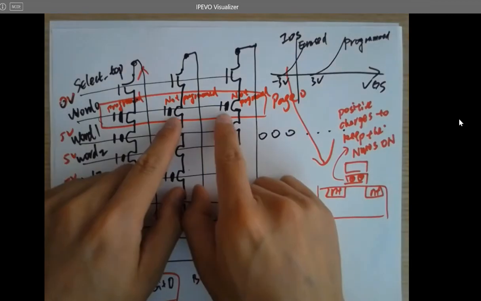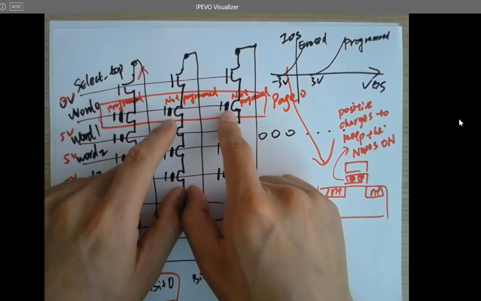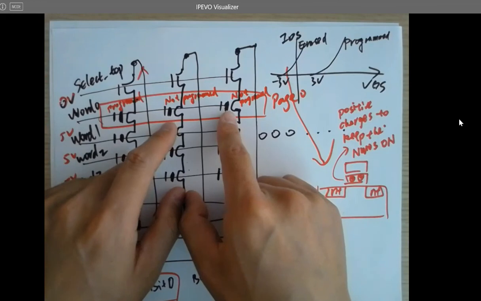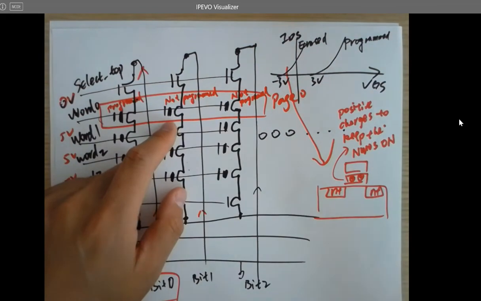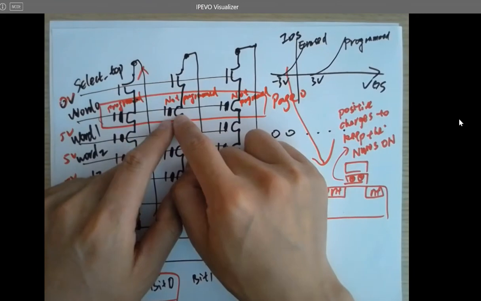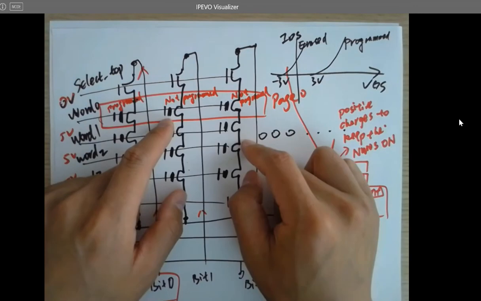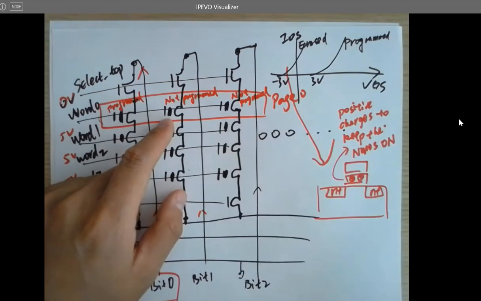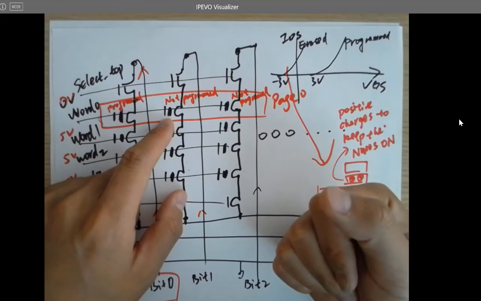So the charges will stay there for a long time. I don't know how long, but super long, right? With your USB drive, you are not losing the data normally, right? After 30, 50 years, still there. The charges will stay there, and so it's non-volatile. Flash is non-volatile. SRAM, DRAM are volatile, right?